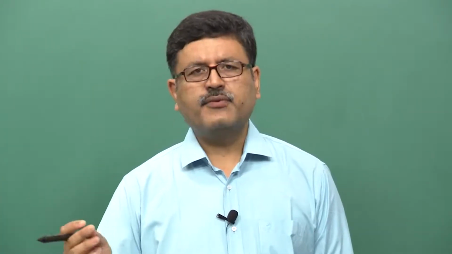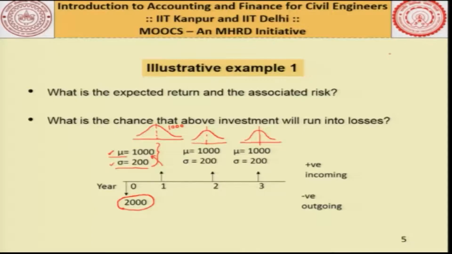Now, from there we were able to calculate the expected value. For example, if I give you for year 1 the probable values 900, 1000 and 1100, you can easily find its expected value if you know the probability. Suppose this probability is 0.2 here, this is 0.3 here and this is 0.5, you can easily calculate the mu value from here.